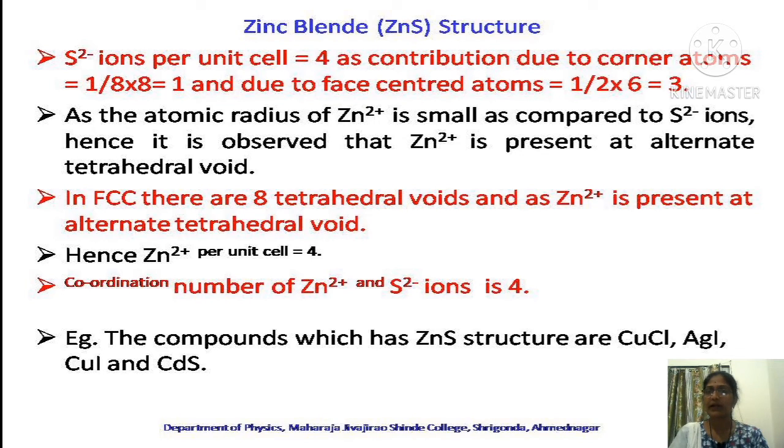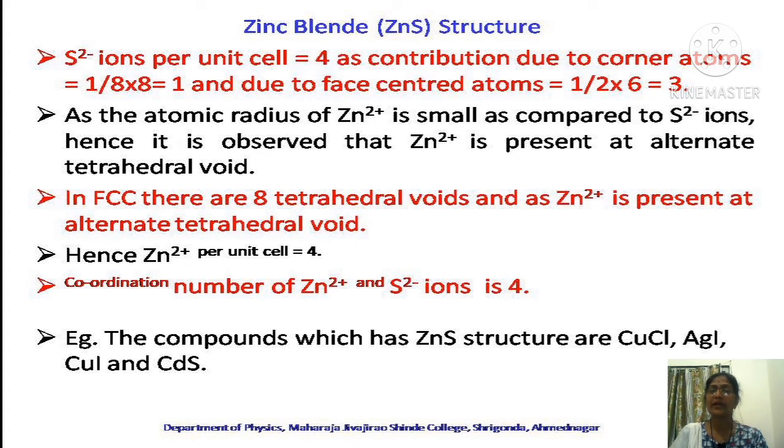We know that there are 8 corner atoms. Each corner atom is shared by 8 unit cells. Therefore, the contribution of each atom to the present unit cell comes out as 1/8, and there are 8 such corner atoms. So 1/8 into 8 comes out as 1. And face-centered atoms, there are 6 face-centered atoms.